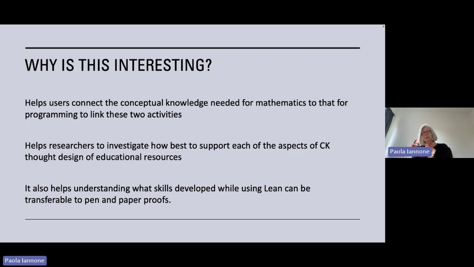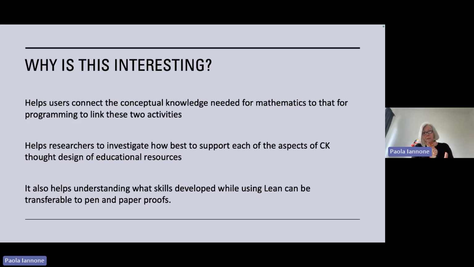I think that trying to understand what conceptual knowledge is for Lean is quite helpful for users, so that they can connect the conceptual knowledge for mathematics and that for programming, link these two activities, and see that this programming activity is now part of pure mathematics.